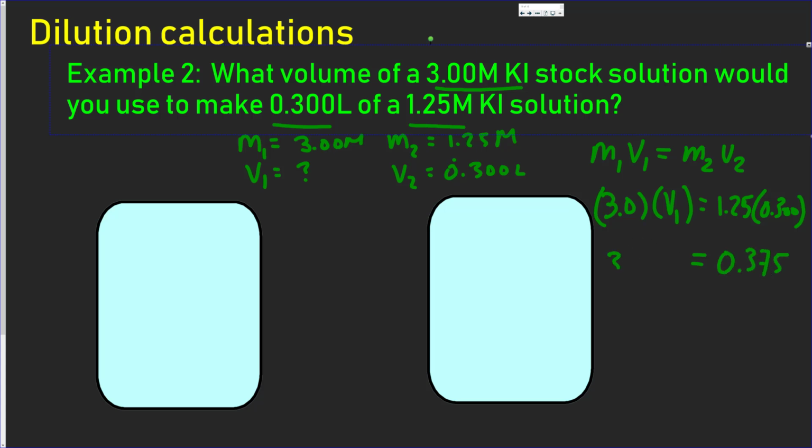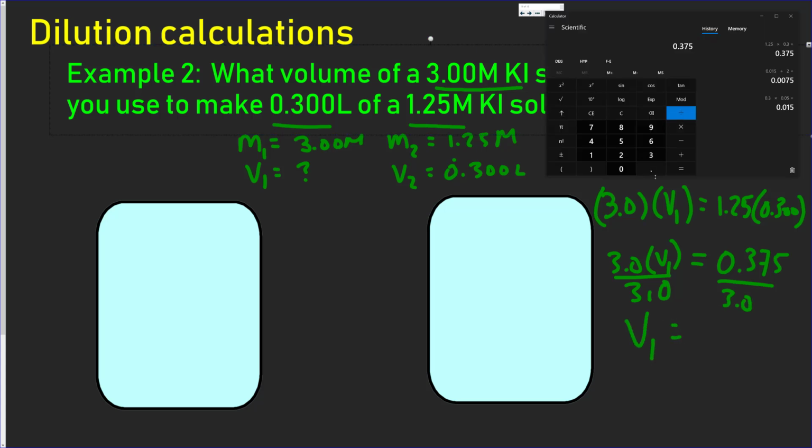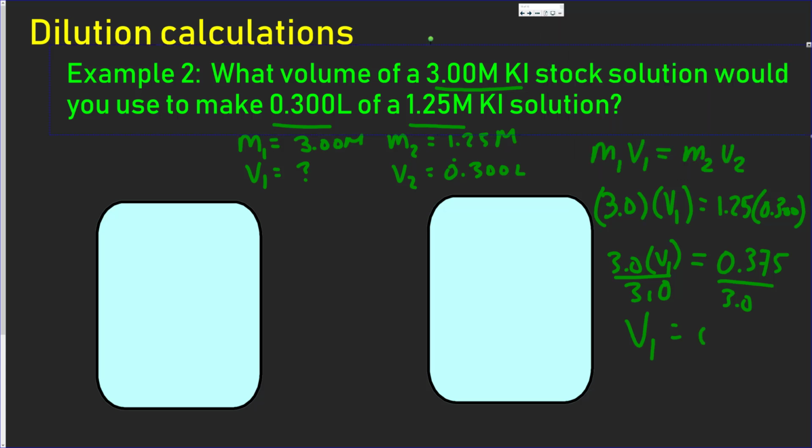And then 3.0 times V1, I'm going to isolate this V1. So I'm going to divide both sides by 3.0. V1 is going to give me, divide by 3, that's going to be 0.125 liters. Again, we haven't changed any of this stuff. The standard volume is liters. So it's going to be 125 milliliters.